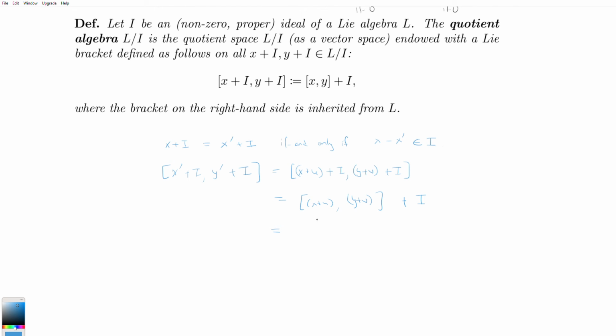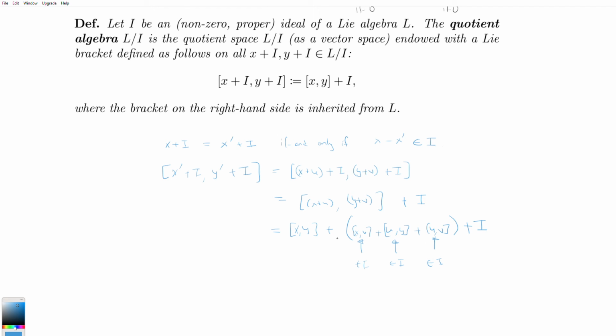And then use bilinearity here. This becomes x bracket y plus x bracket v plus u bracket y plus u bracket v, plus I. Now here's the key observation. v is inside the ideal, and because it's an ideal, x bracket v lies in the ideal. u is inside the ideal, so u bracket y, by the ideal property, lies in the ideal. u and v are both in the ideal, so u bracket v lies in the ideal.